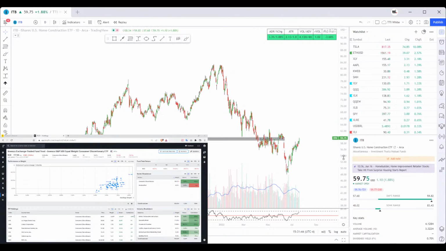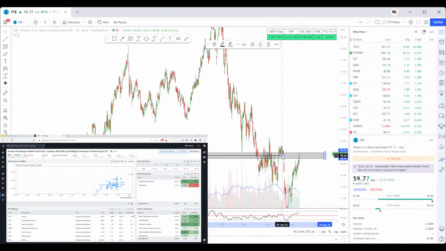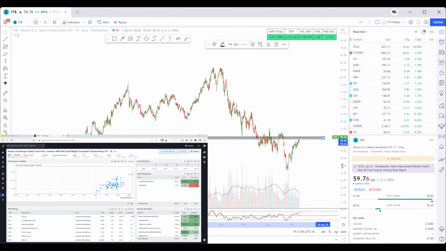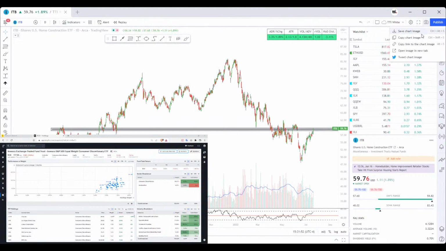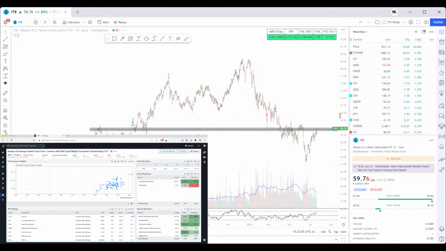Check this out. I'm going to extend this level, not changing it, just extending it. Why are we up here again? Blows my mind. It's that same low in June. We were up 23% in the ITB ETF.